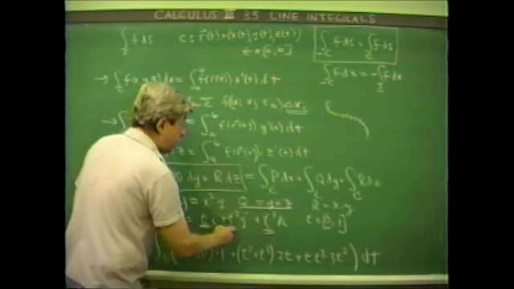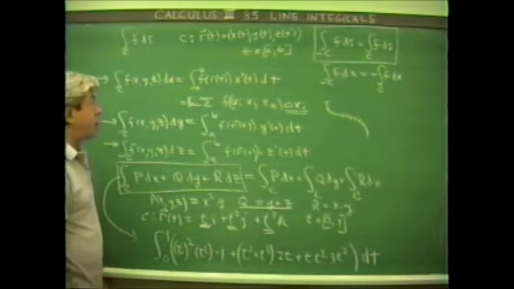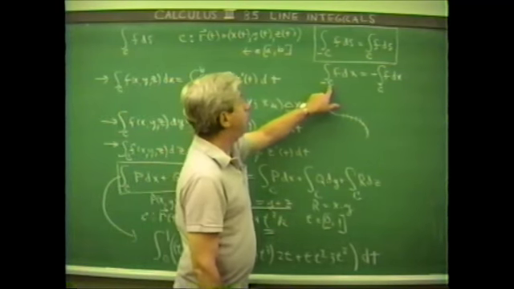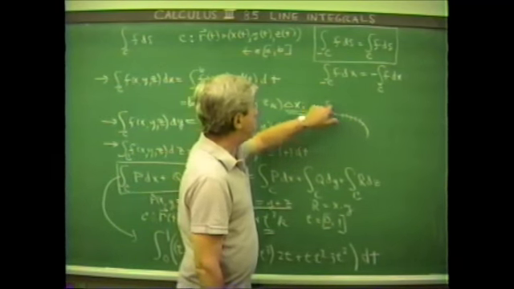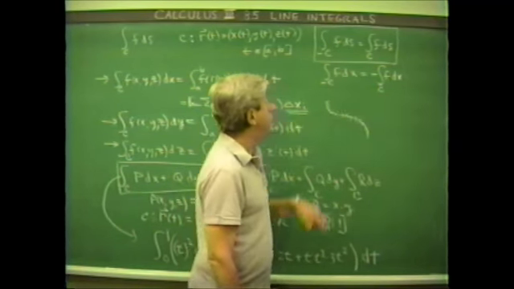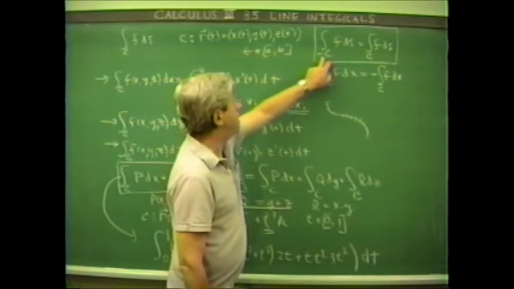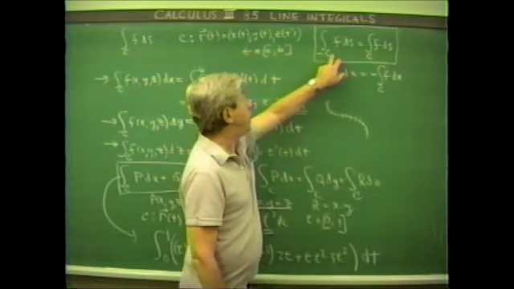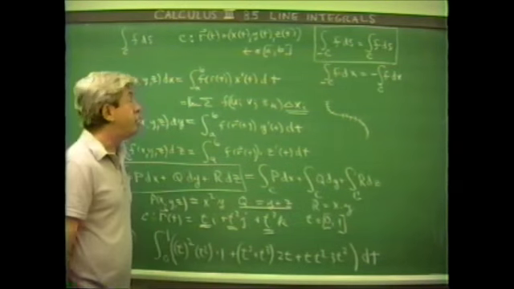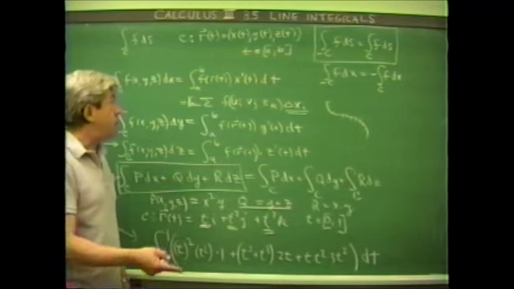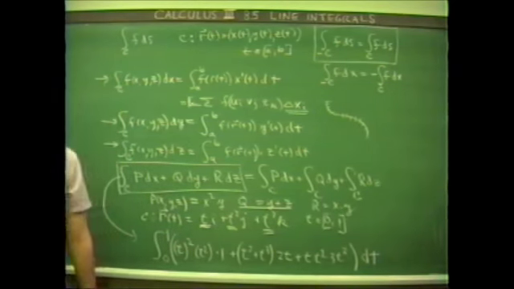A different parameterization, if the curve is the same, will give you the same integral. However, for this particular integral, going backwards along the curve will give you the negative of what you'd get by going forwards, as compared to the integral with respect to length, where the integral is the same independently of which direction C is traversed.